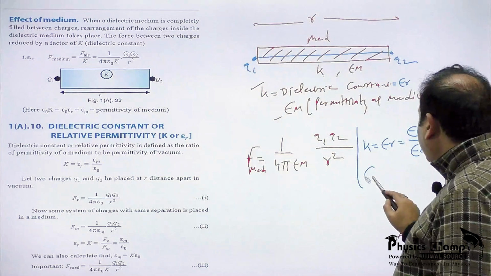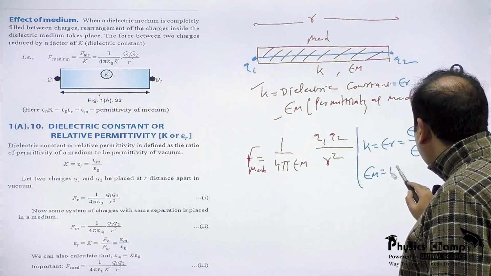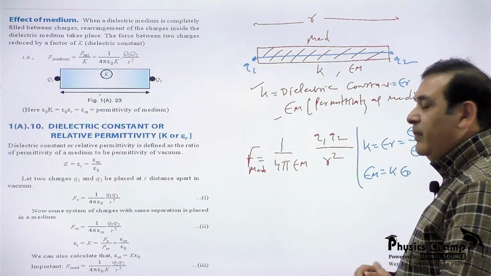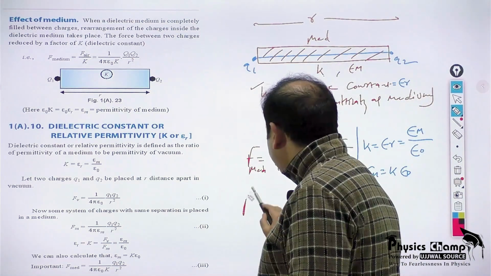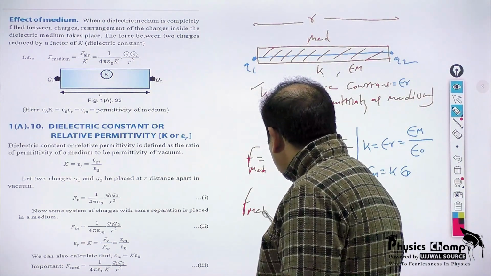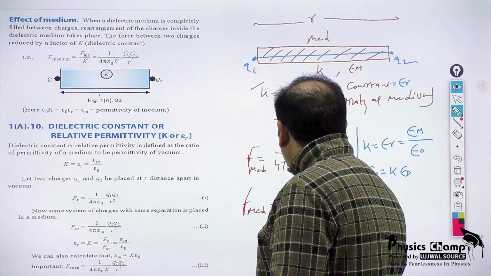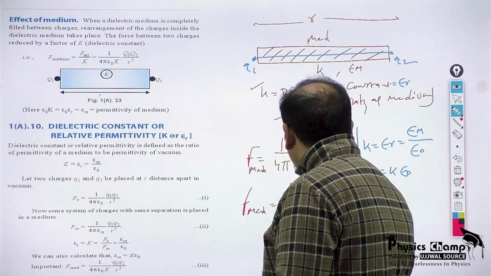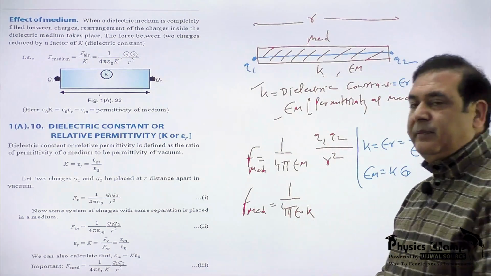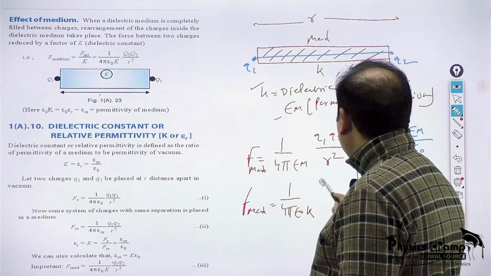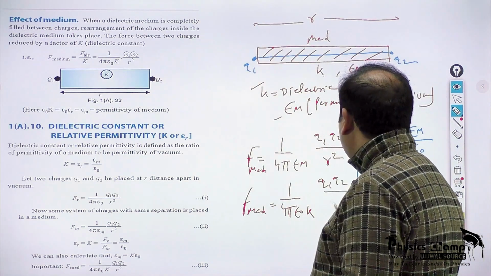So the permittivity of medium is actually K into epsilon naught. So this force in the medium is written as 1 by 4 pi epsilon naught K into q1 q2 by r square.